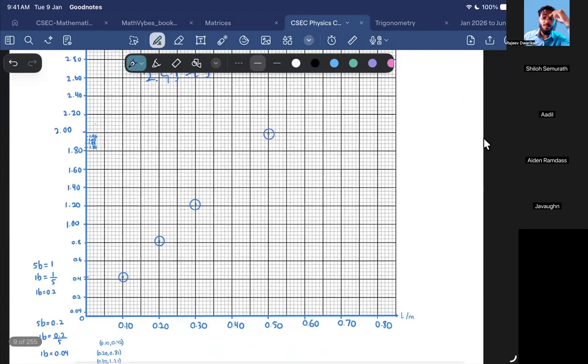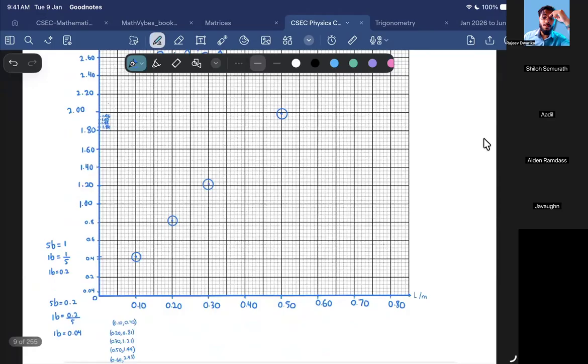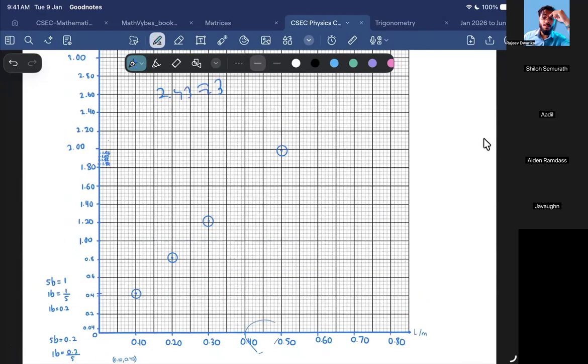Then we have 0.60, 2.43. So I'm going to do this one, and I want you to tell me if it's correct. Do you think that's correct or wrong? No, sir. That's wrong?